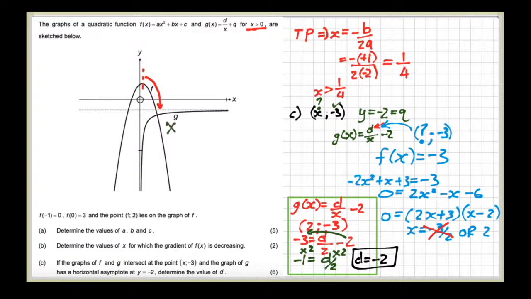And if we looked at x smaller than 0, it would have laid there, which means d is smaller than 0. d is equal to -2. Yes! I've got this. And therefore I know I've answered the question as well, because they did ask me specifically the values of d.